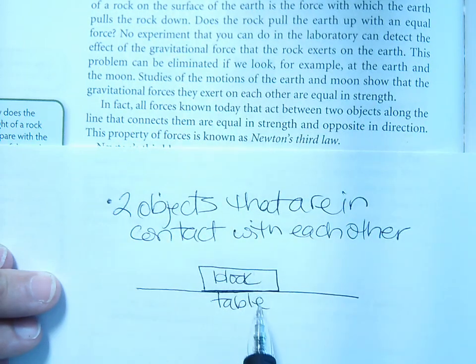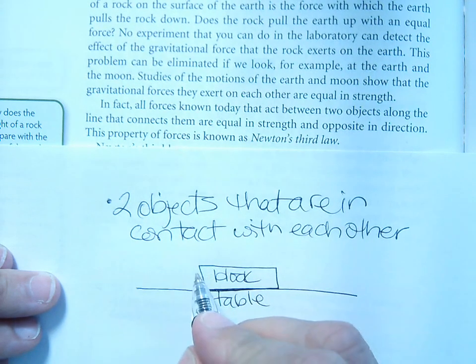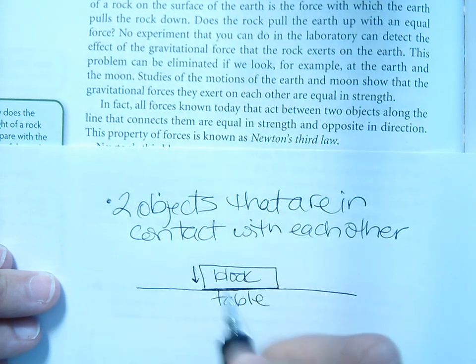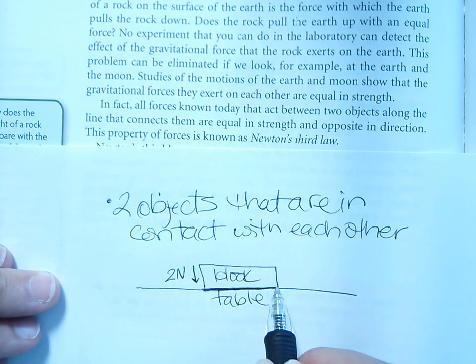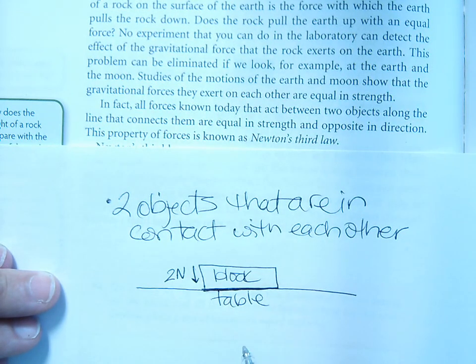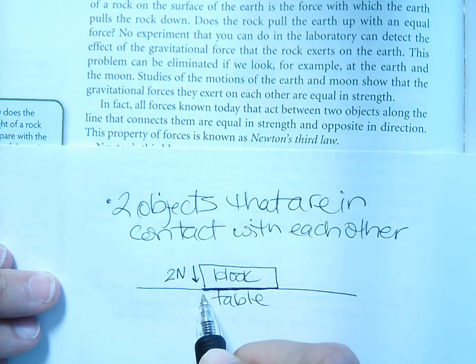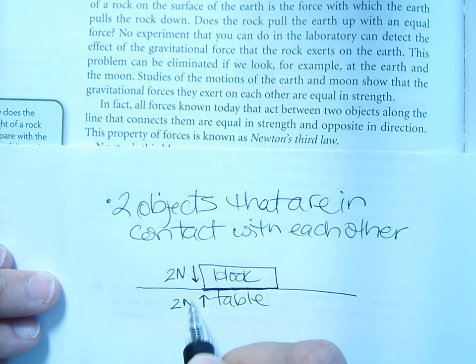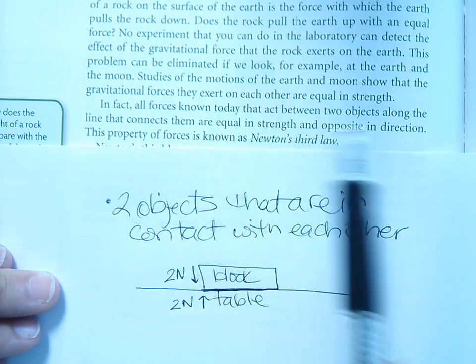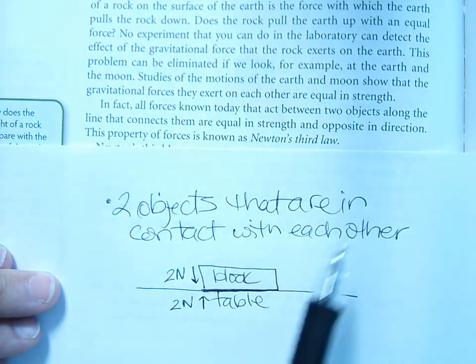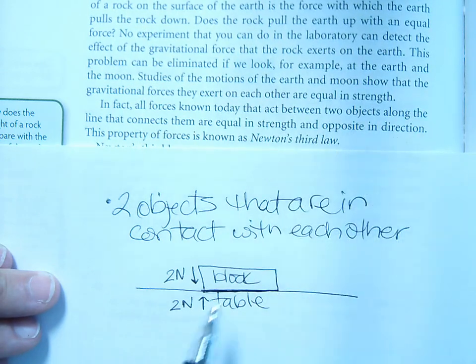Then it goes on to say, are equal in strength and opposite in direction. So if this block has a weight of 2 newtons, the block would be exerting a force of 2 newtons onto the table. Newton's third law tells us that the table then must be exerting a force of 2 newtons back onto the block.